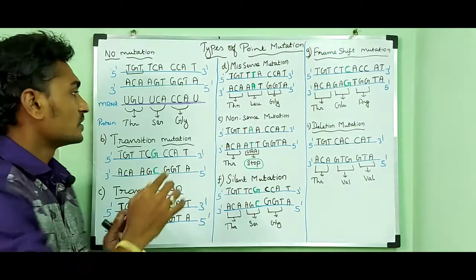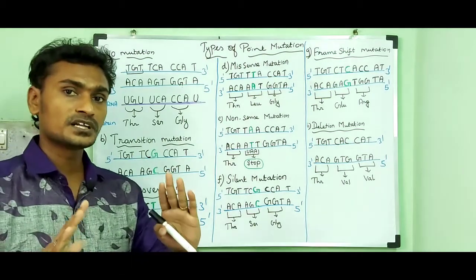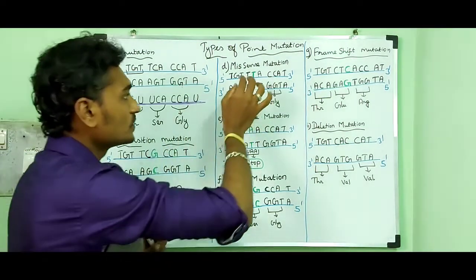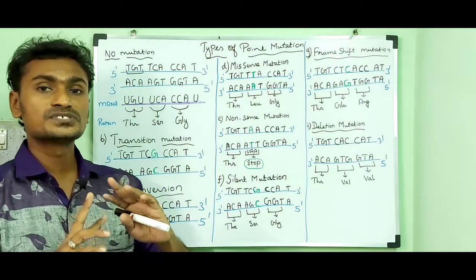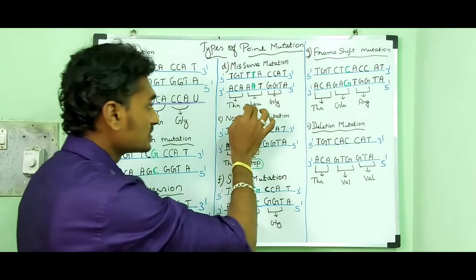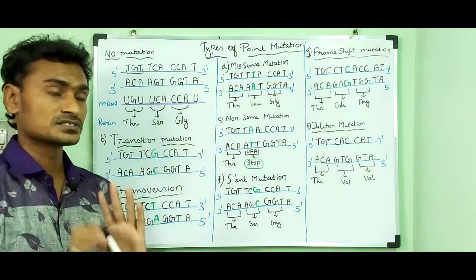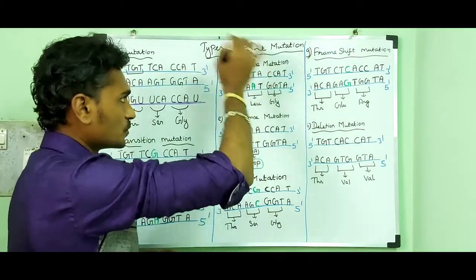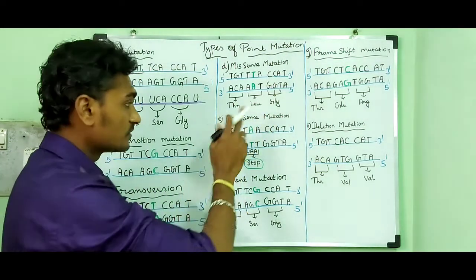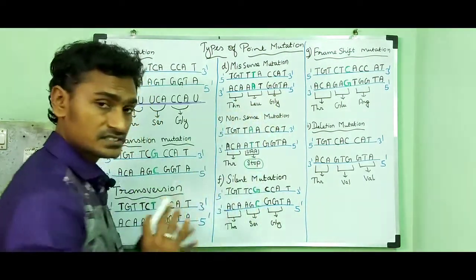So serine is the normal amino acid, so it has to produce the serine amino acid, but due to the missense mutation it produces a different amino acid. This amino acid is replaced by a different amino acid, and that process is called missense mutation.